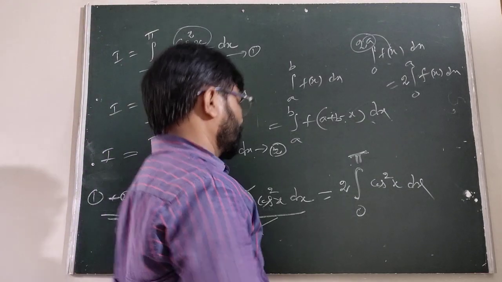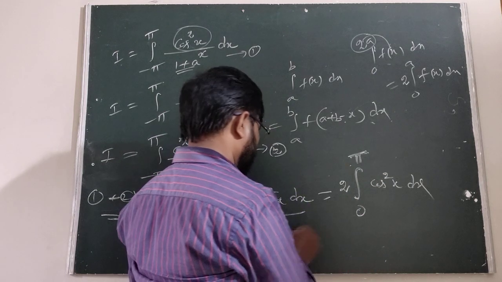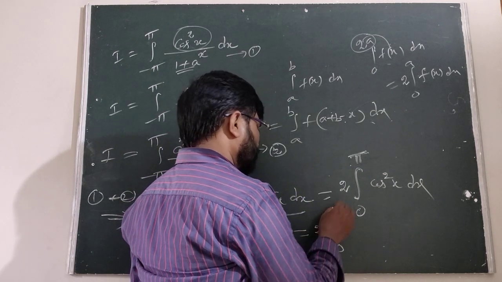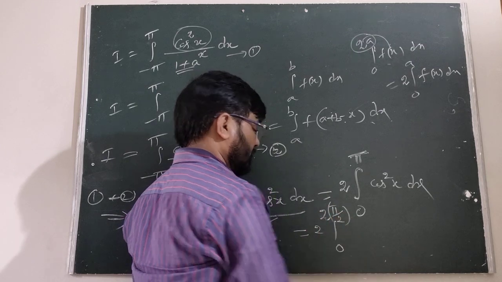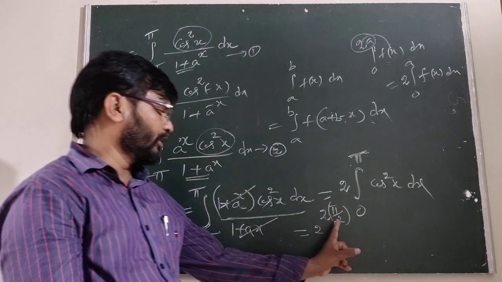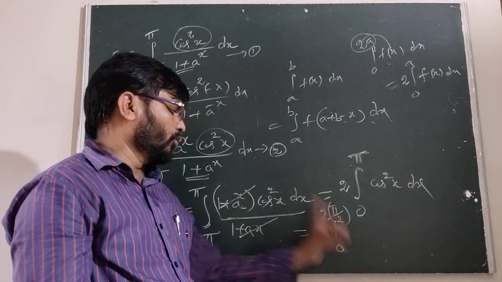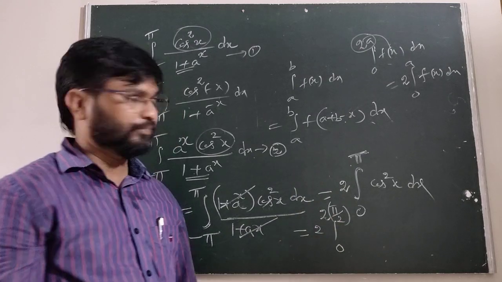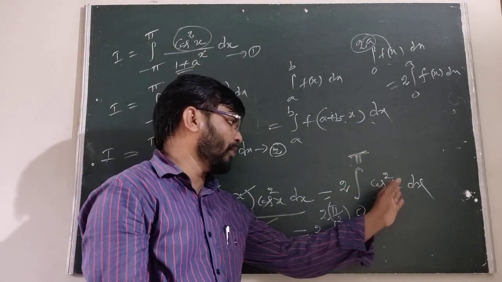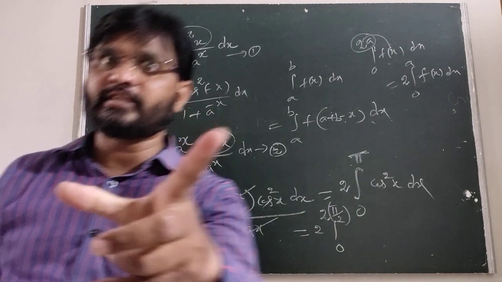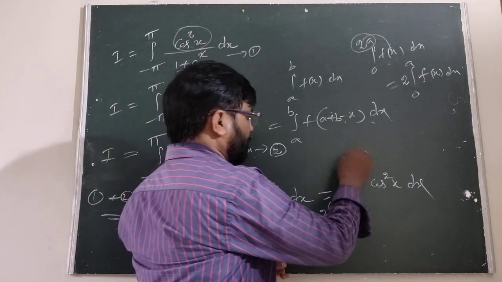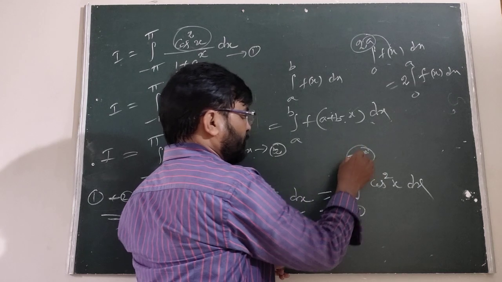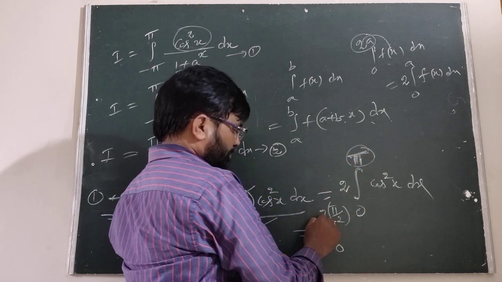So here, in this case, twice into 0 to pi by 2, into 2. The 2s are cancelled. Is it clear? We have to take by 2 into it. Therefore, that's why we get pi. But cos square of pi minus x, that is 2a minus x. Is it clear? When we take this, pi is compared with 2a.